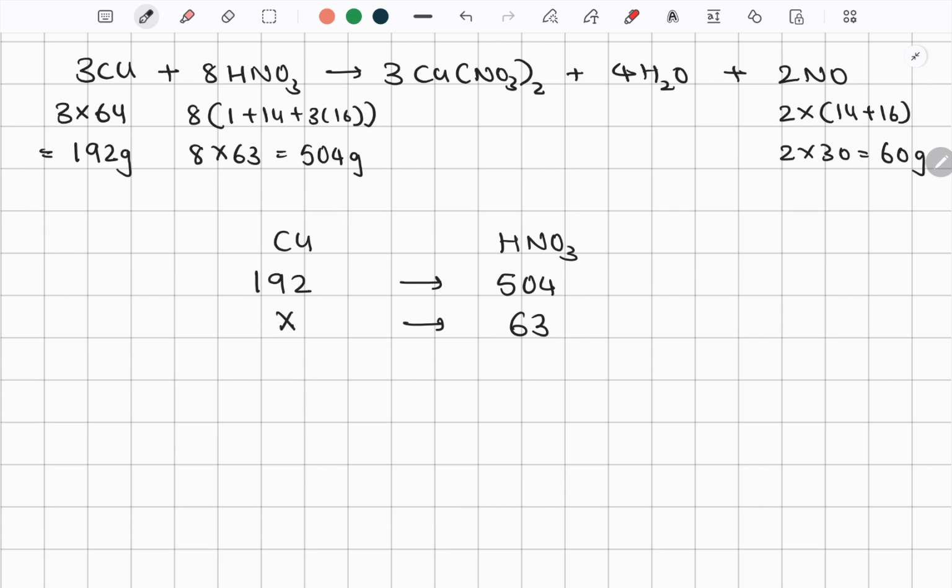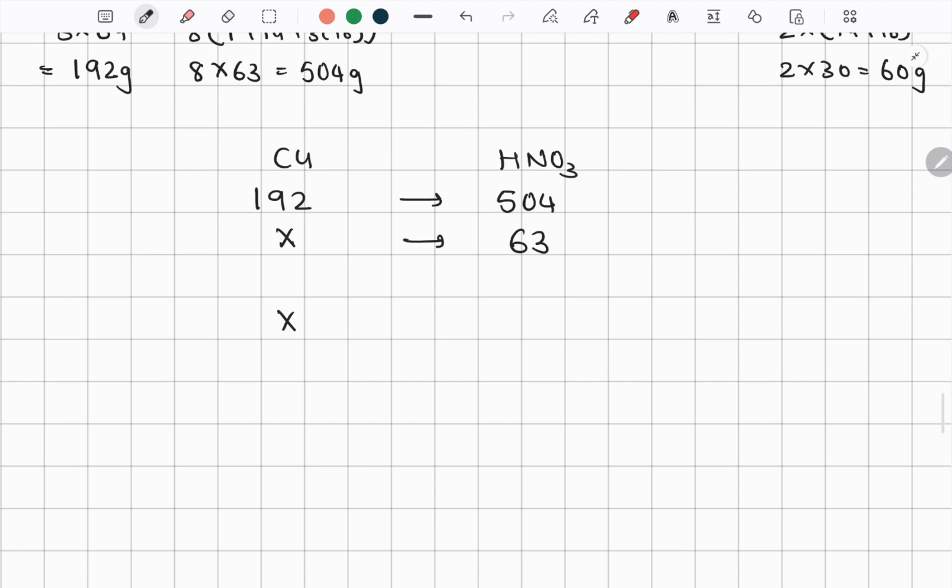Let's solve for x. The value of x would be equal to 192 into 63 divided by 504. When you solve, you get the answer, which is equal to 24 gram of copper. Hence 24 gram of copper is required to react with 63 grams of nitric acid.